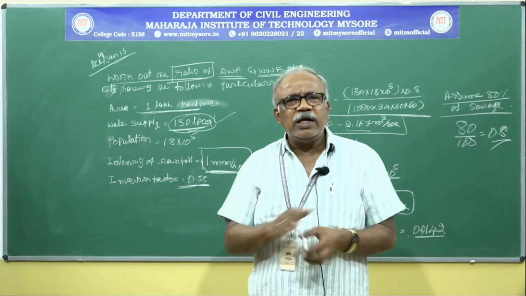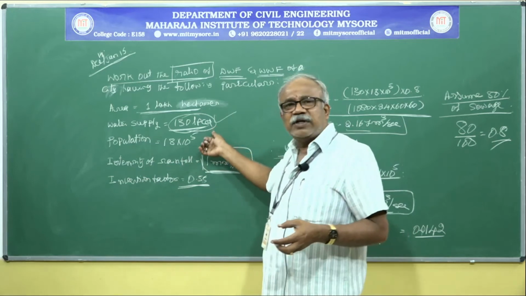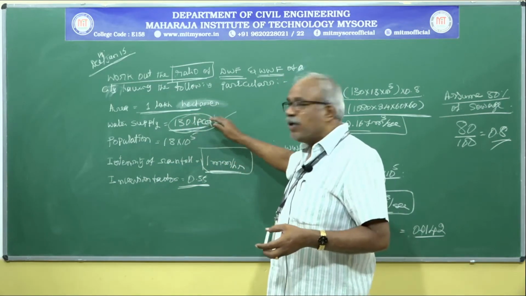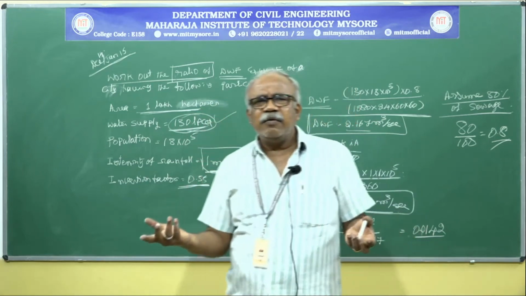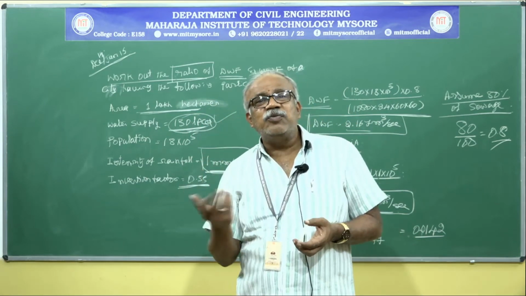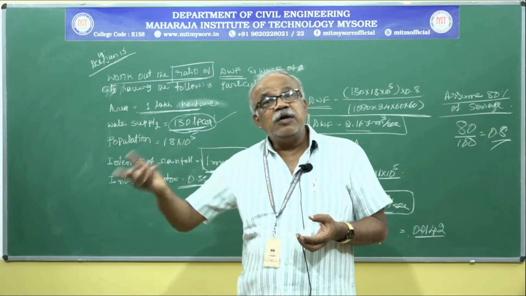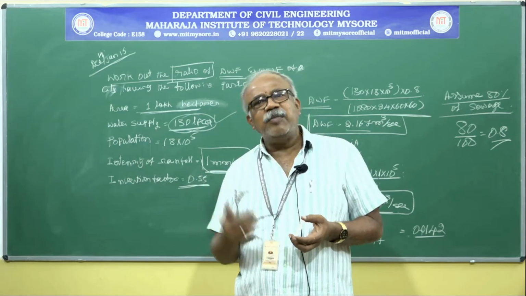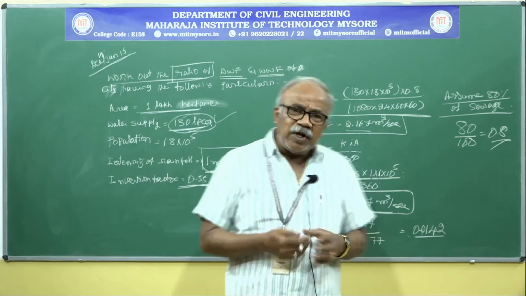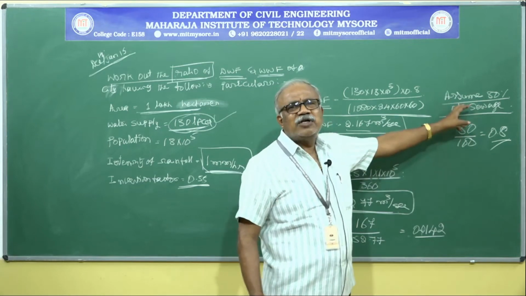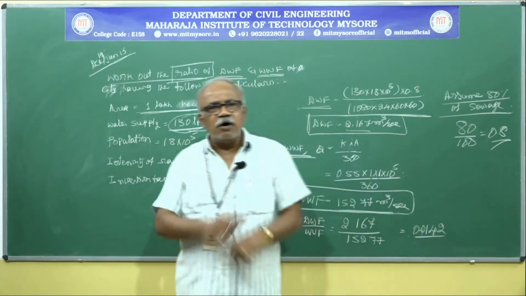We don't need to take any additional requirements. In case it is not mentioned, I can assume the demand, either 135 LPCD, or 160, or 220. Even for wastewater, as per the standard I am assuming, because this problem does not mention anything.